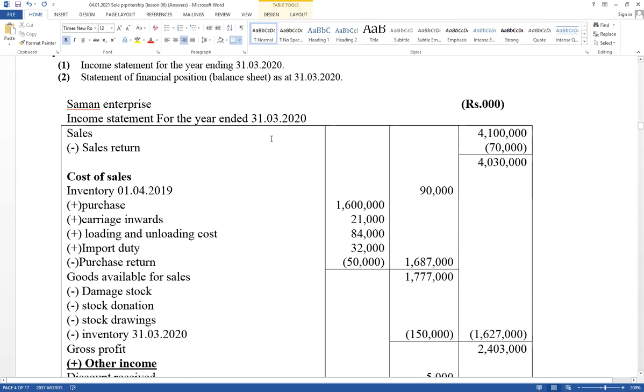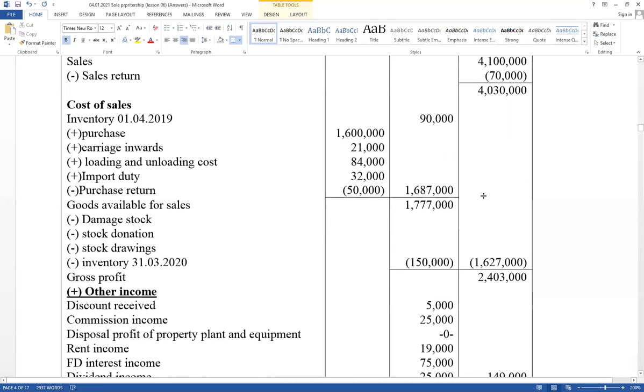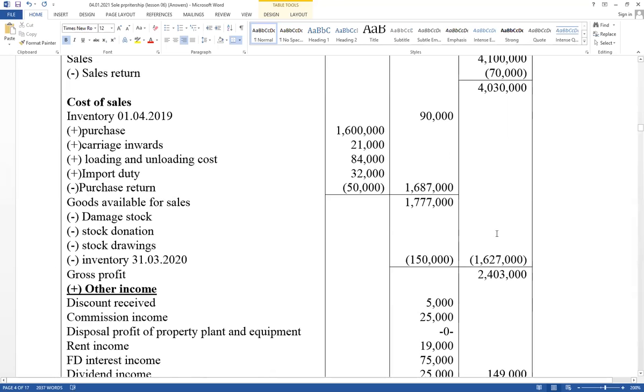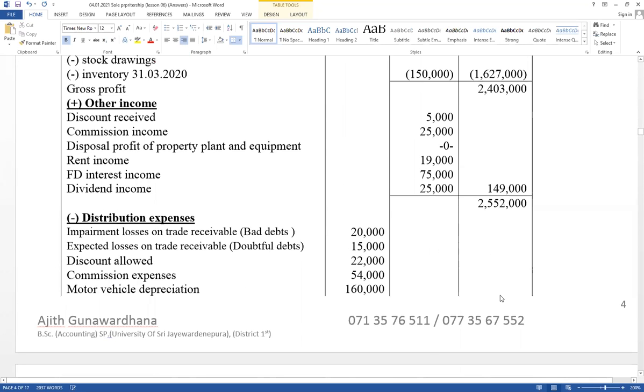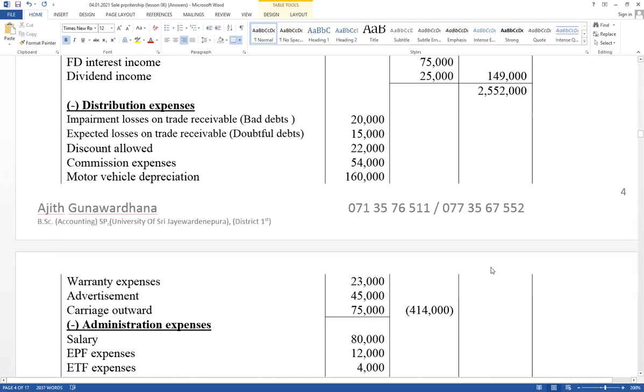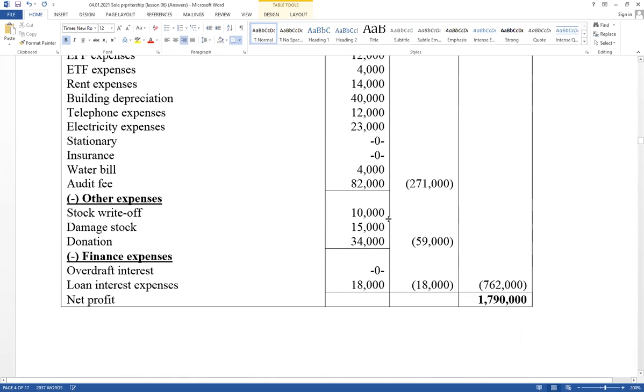The income statement should include all the income and expenses. Think about the format. There are 3 columns, gross profit, other income, then expenses categorized: distribution expense, administration expense, other expense, and finance expense.